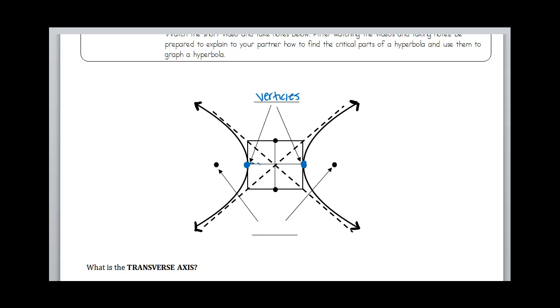The vertices connect what we call the transverse axis.